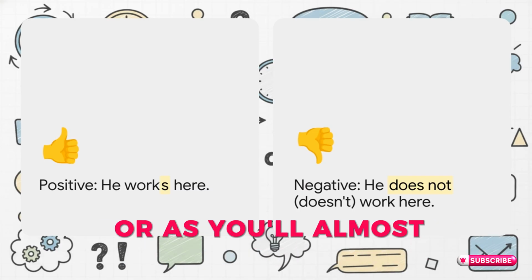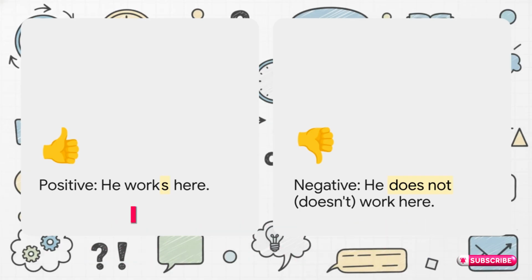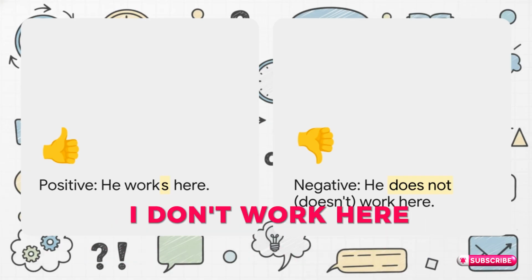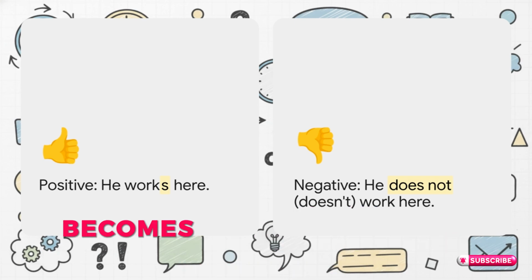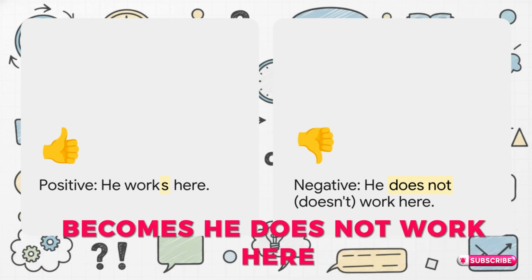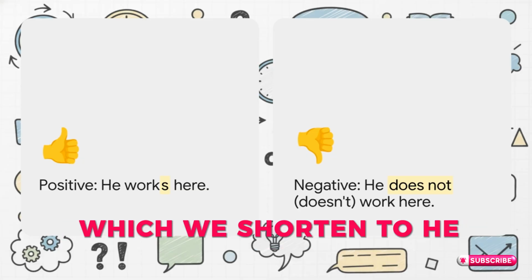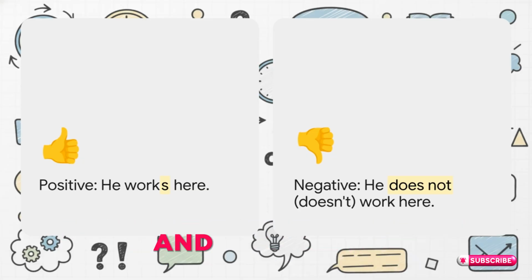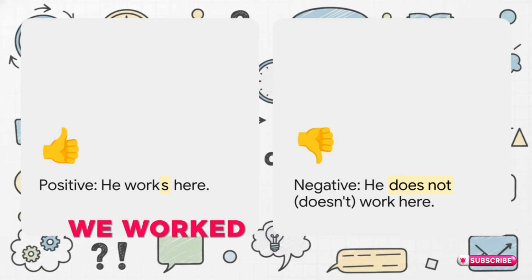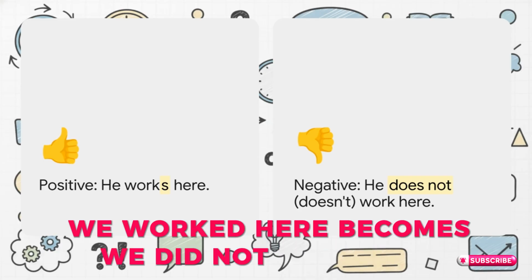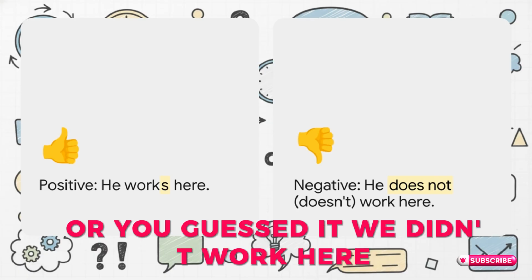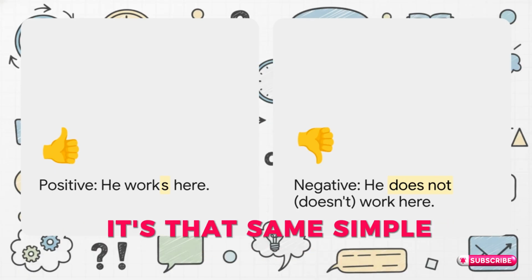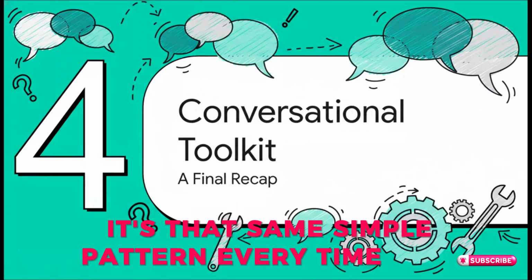Or, as you'll almost always hear people say, I don't work here. Following our S rule, he works here becomes he does not work here, which we shorten to he doesn't work here. And in the past, we worked here becomes we did not work here, or you guessed it, we didn't work here. It's that same simple pattern every time.